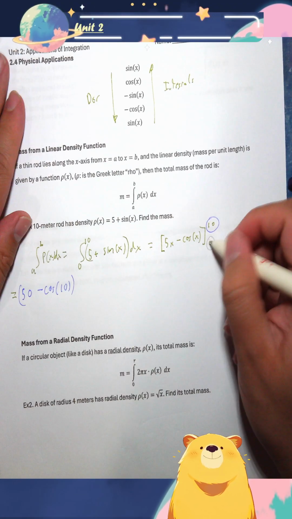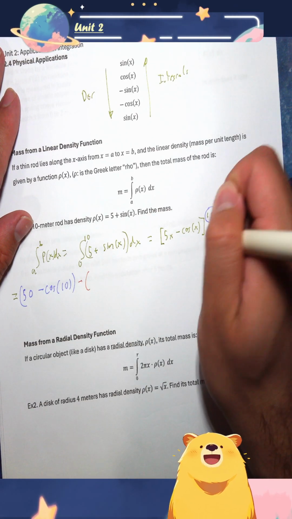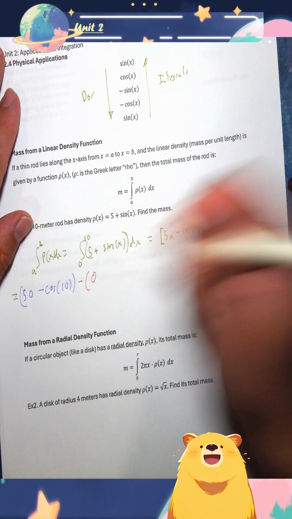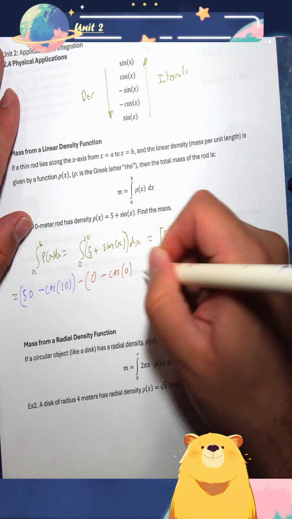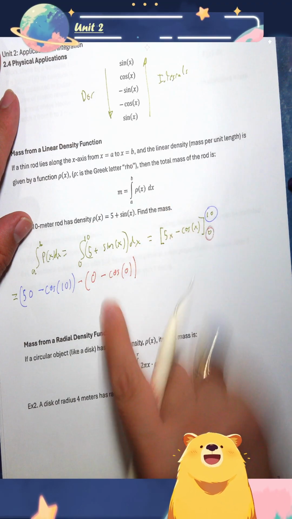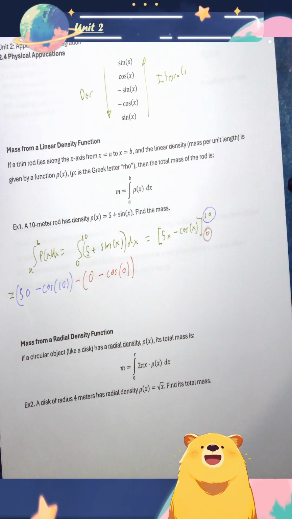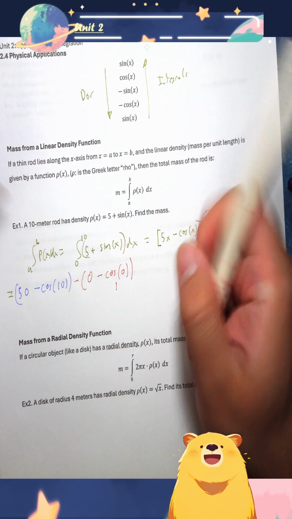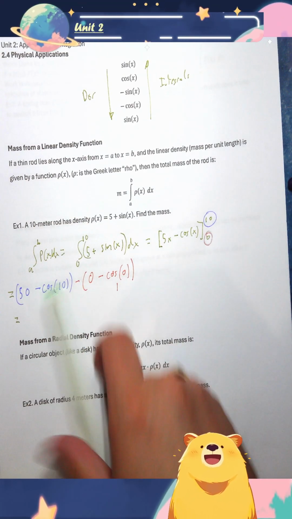Let's do this one. We have 5 times 0, which is 0. And then minus cosine of 0. Now from this, we can really only mess with this. This just becomes 0. So that'd be a 1. So from this purple, I really don't touch anything.